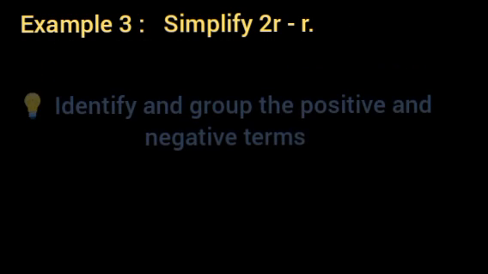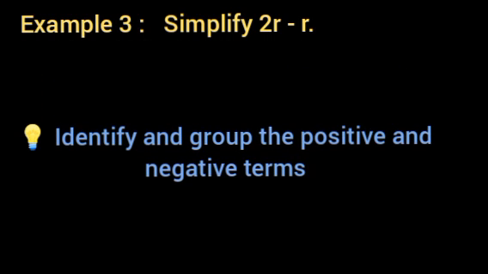So our positive term there is 2r. Then the negative term in this question is minus r. Now the identification of the positive and negative terms will help you a long way in simplifying algebraic expressions.